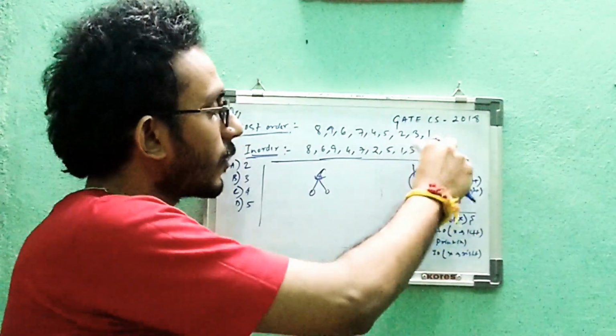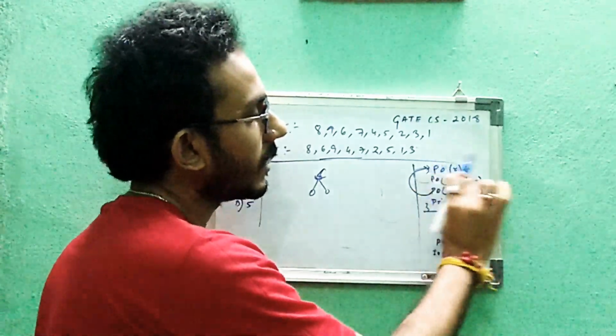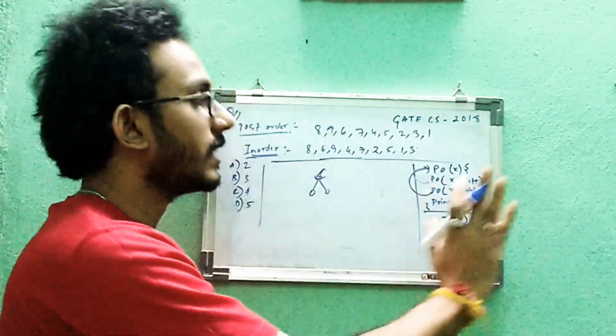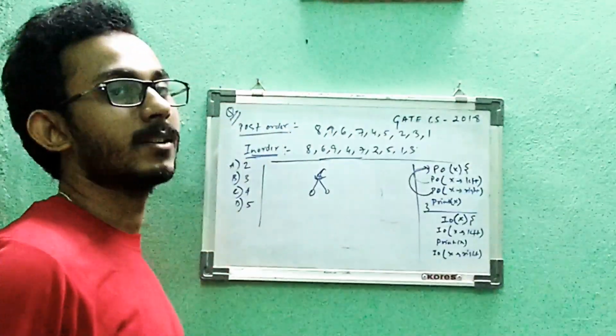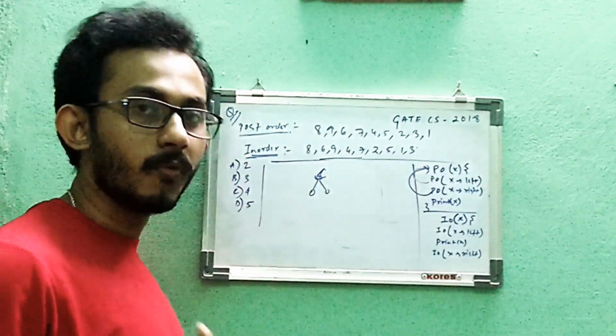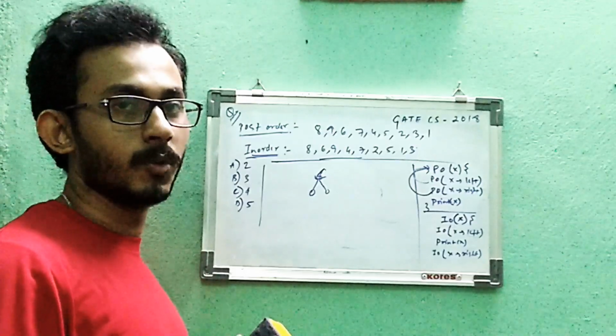Obviously, we will traverse all the nodes in the left recursively, then all the nodes in the right recursively, and then when everything is done, that node will get printed. So which one is the last node that is going to get printed? Obviously the root node, because we are going to start our execution from that node.